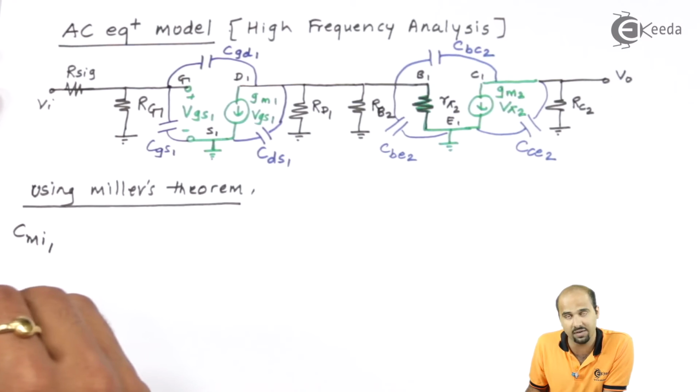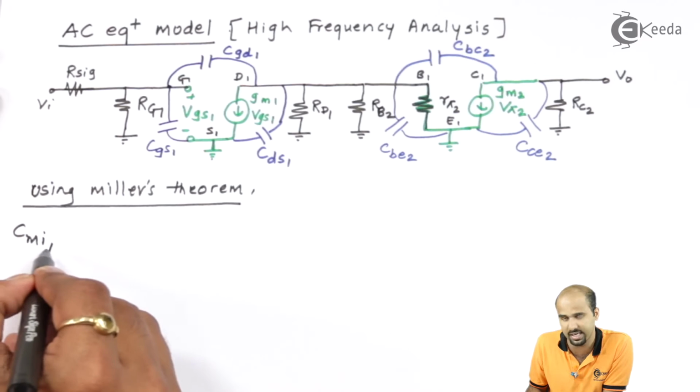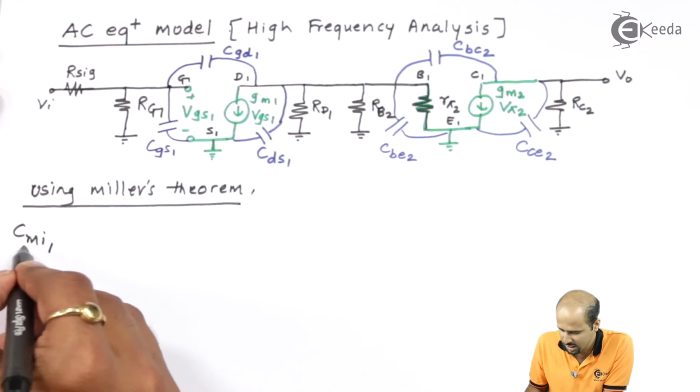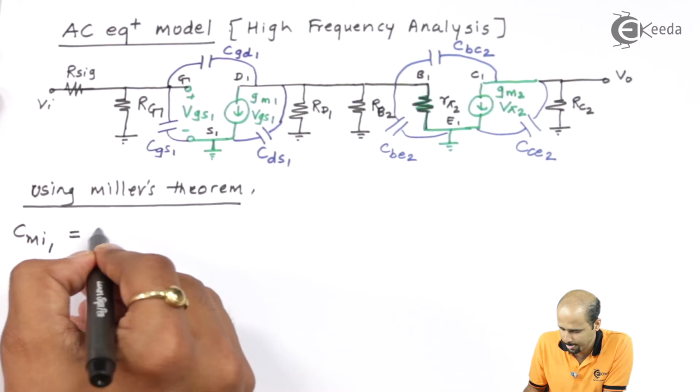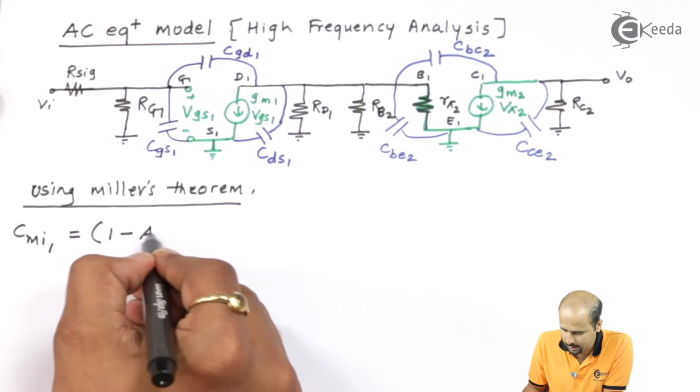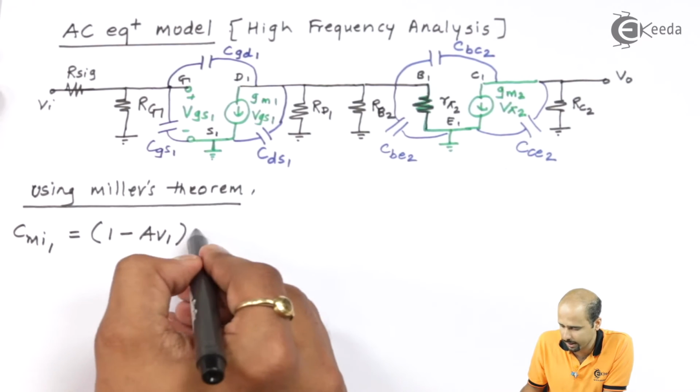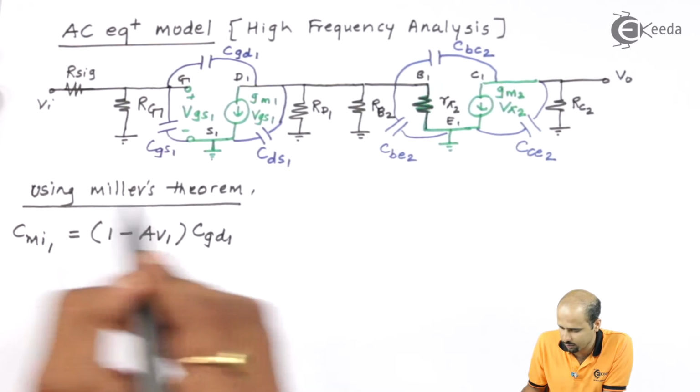So CGD1, I will replace it at the input side as CMI1. MI is for Miller's. So Miller's input capacitance will become 1 minus AV1 multiplied by CGD1.